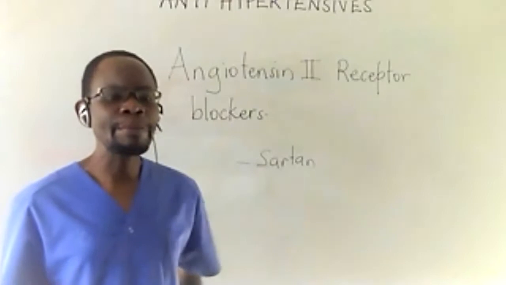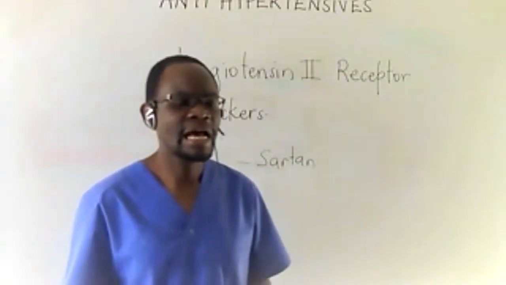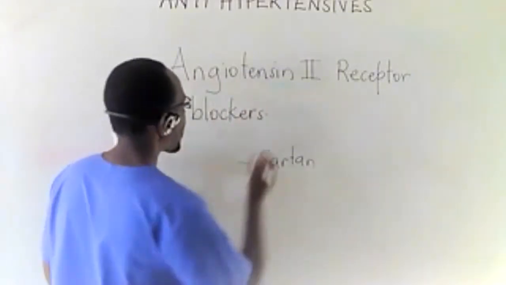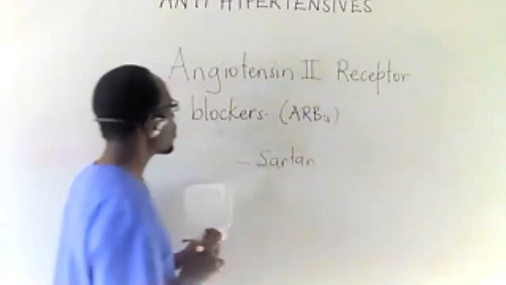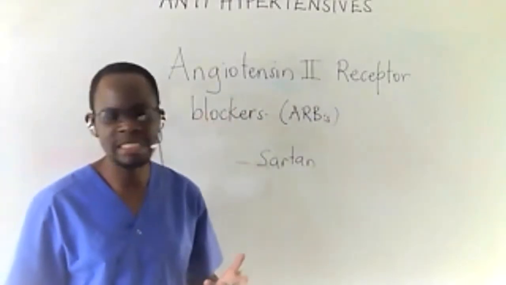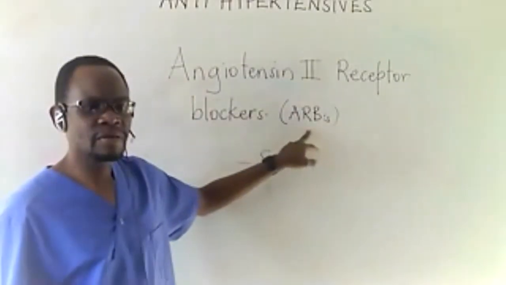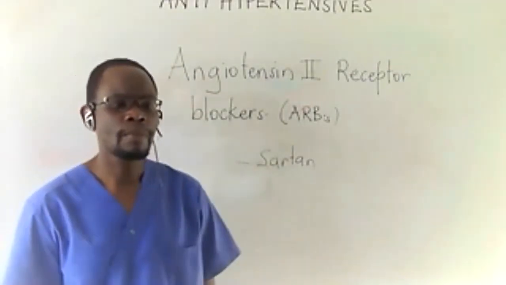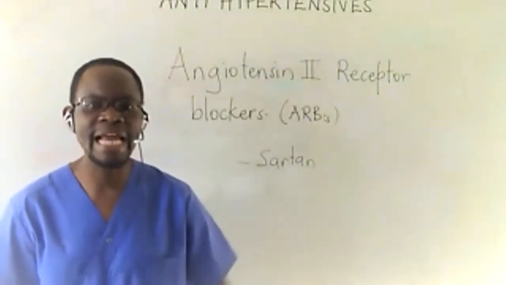Now, one important thing that I should mention about ACEIs and ARBs, the angiotensin 2 receptor blockers, is that both of them are teratogenic, and therefore they are not used in pregnancy.